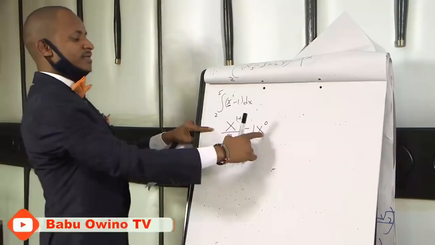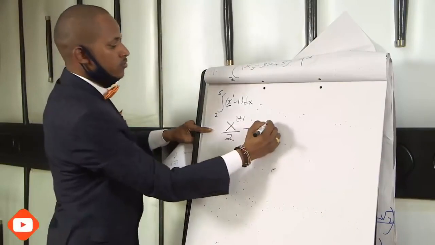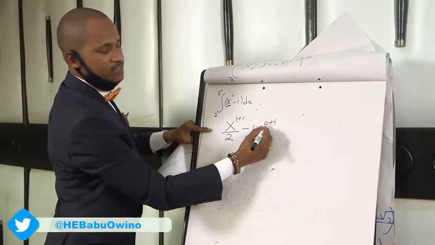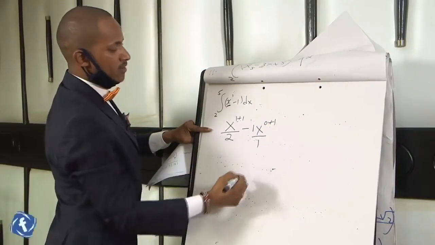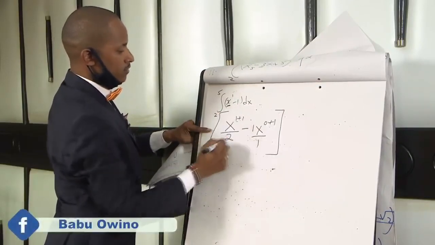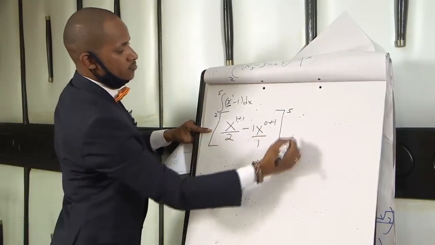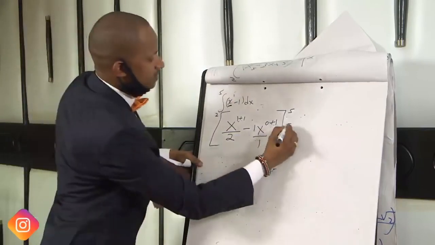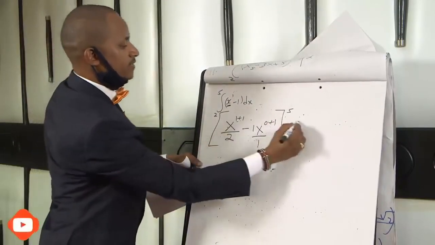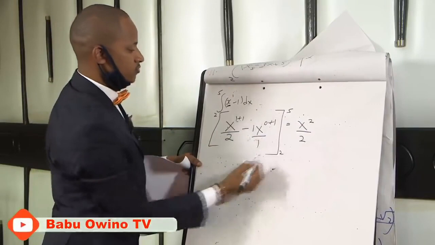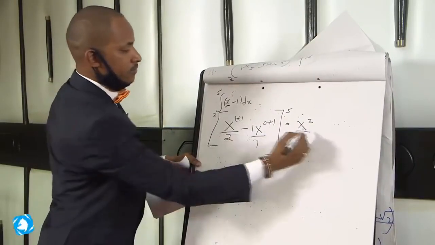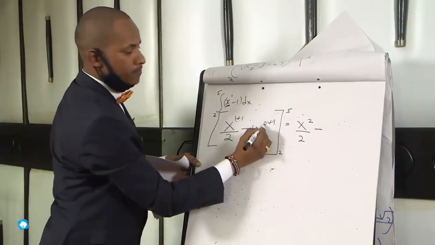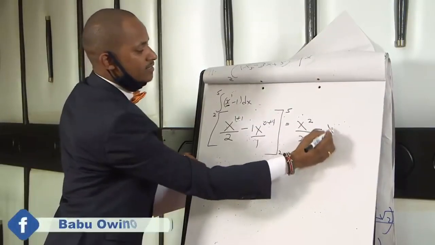So 1 can be written as x raised to power 0. You add 1, then divide it by that value that you get. 0 plus 1 is 1. And now our limits here are 5 and 2. That's it. This gives us x squared divided by 2, minus x raised to power 1. 0 plus 1 is 1. So therefore x power 1 is x.